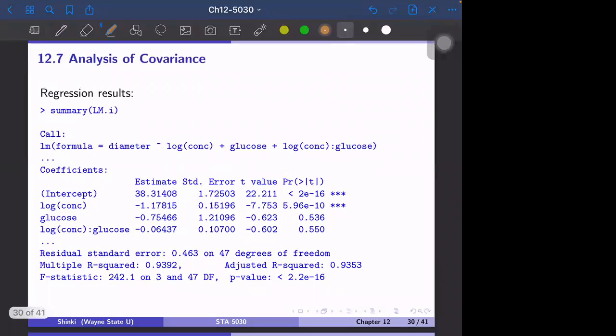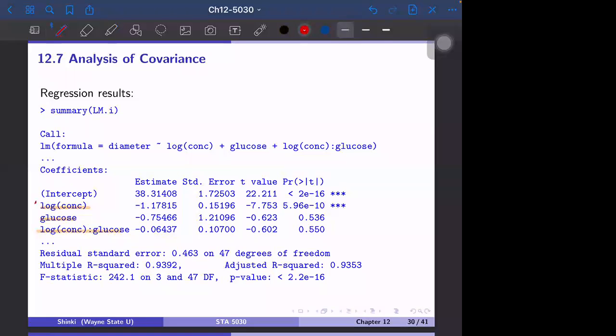Then we have the three parameters here, all with just one parameter. If we have more than two categories, then we have two levels of the glucose in addition to the baseline. But here we only have the 2 levels of glucose, and concentration is a continuous variable.